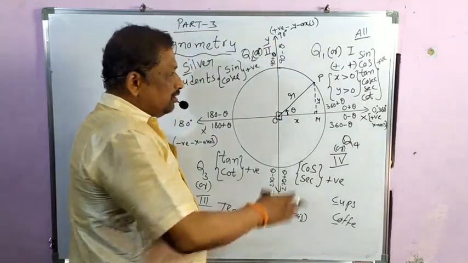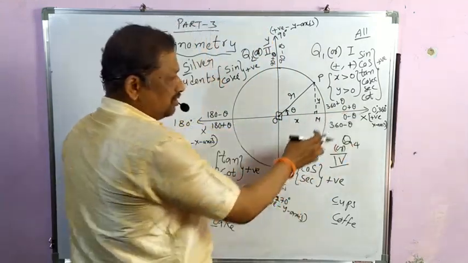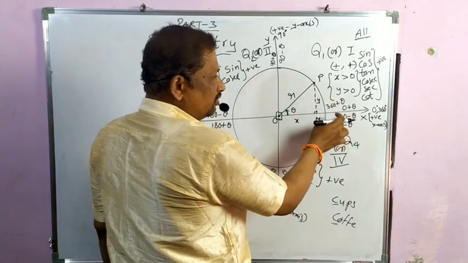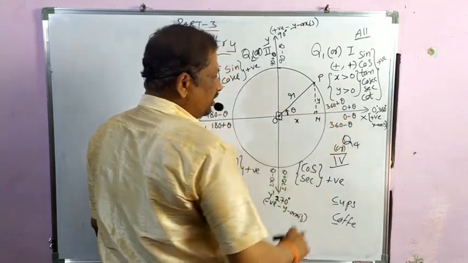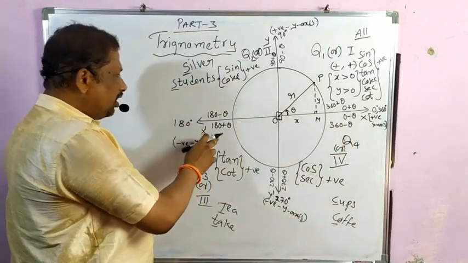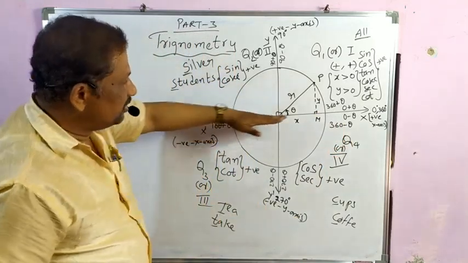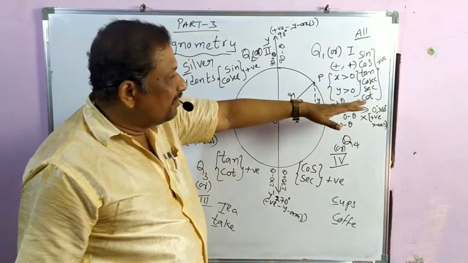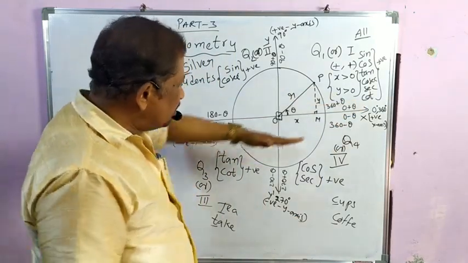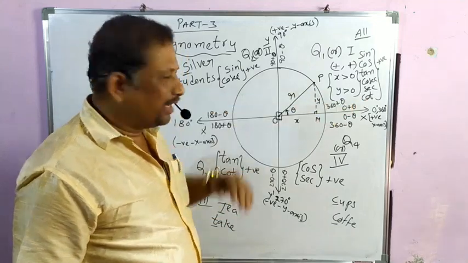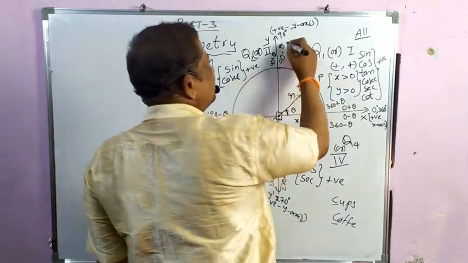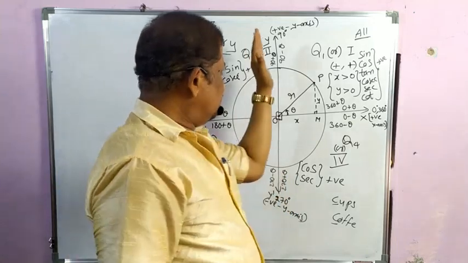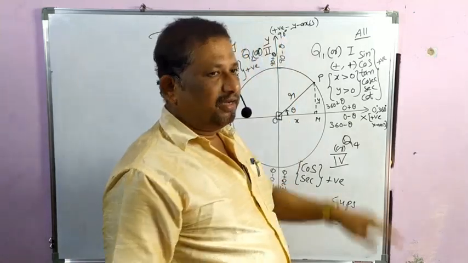What are the operations on the x-axis? 0 plus theta, 360 plus theta. 0 minus theta, 360 minus theta. 180 minus theta, 180 plus theta. These operations are happening on the x-axis. Coming to 90 minus theta, 90 plus theta, 270 minus theta, 270 plus theta, these operations are occurring on the y-axis.